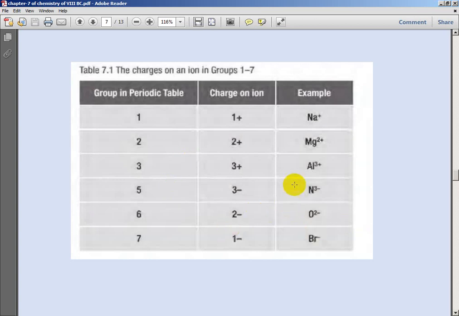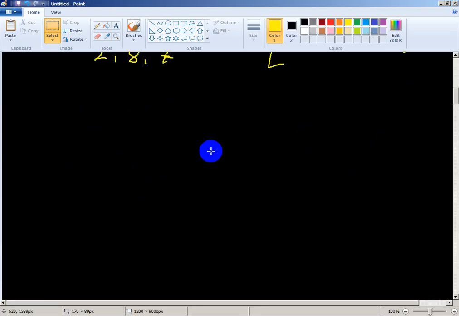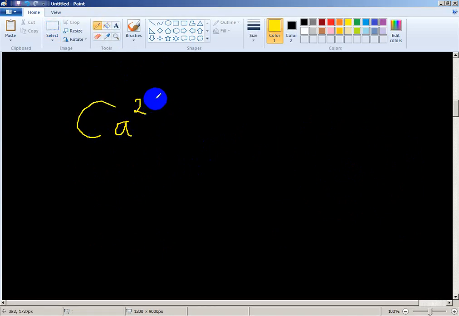Okay, so what will be the charge for group 2 elements like calcium? 2 plus. Okay, it will be calcium 2 plus. Calcium is a group 2 element, the charge will be 2 plus.